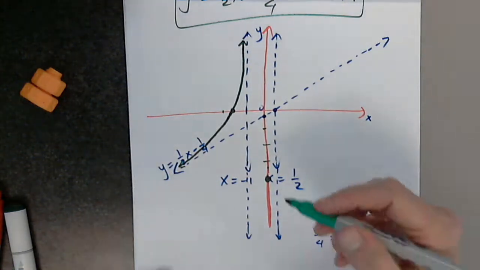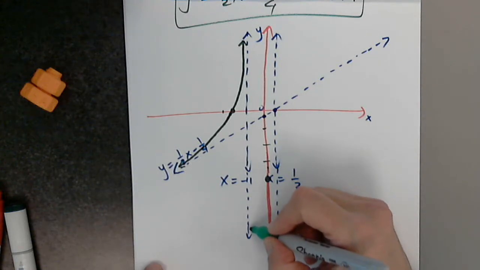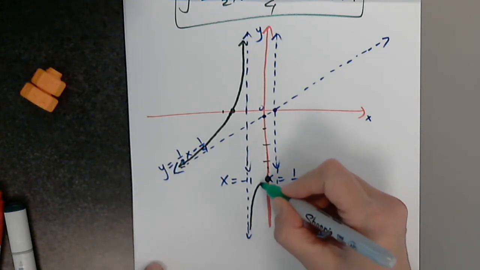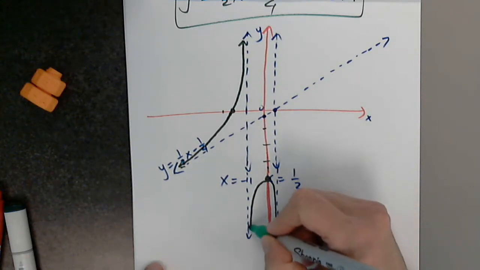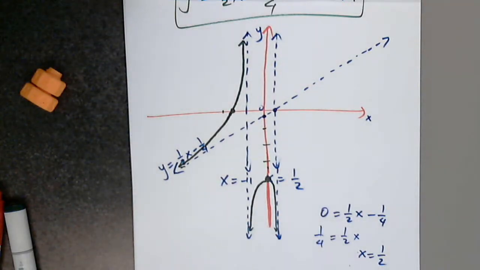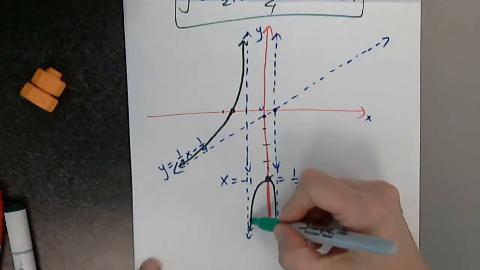And I'm going to graph this. However, I don't believe it. I don't believe that the function turns exactly on the y-axis. I am tempted to believe that the function will do this.